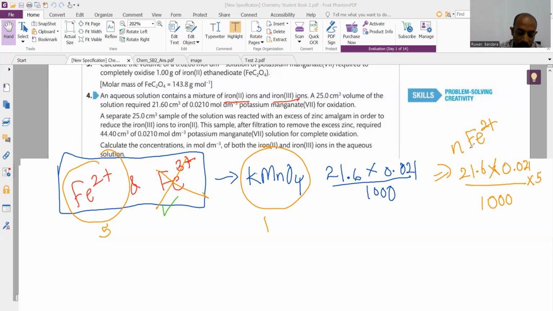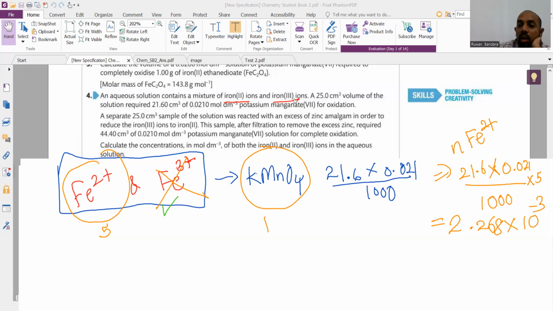No, I have to find the answer as well. Into 10 to the power of minus 3.